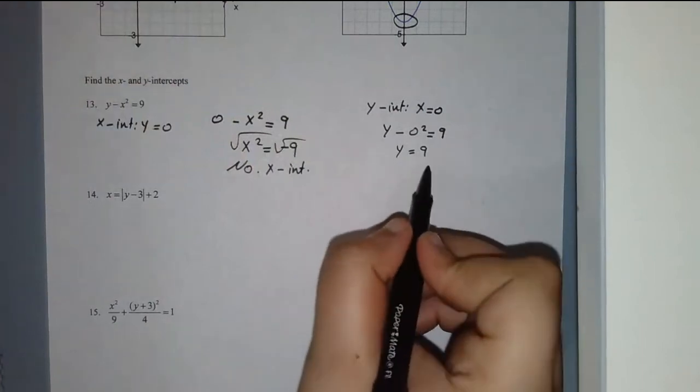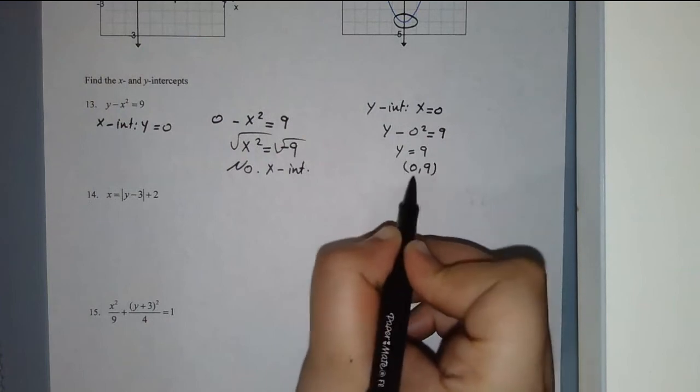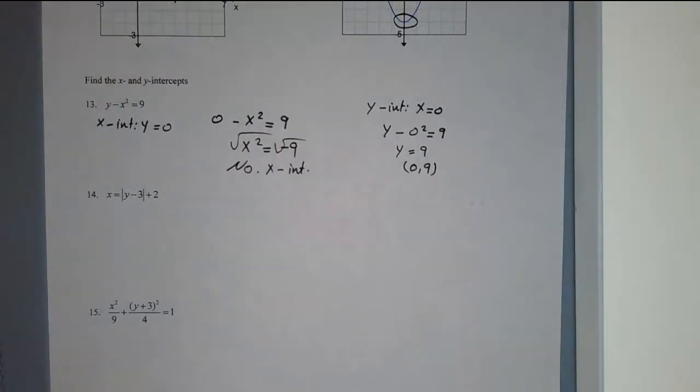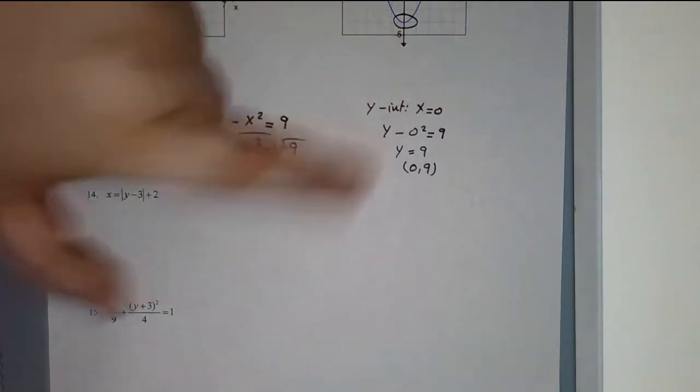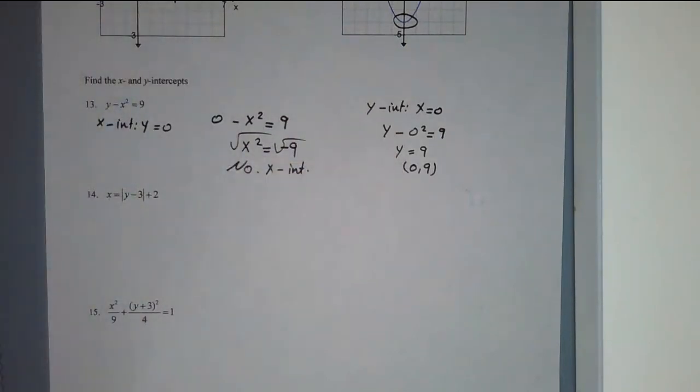What is the answer I'm looking for? It needs to be a pair. It's (0, 9). This is the y-intercept, right? If you find the y value for me, you just told me what the y value is. You didn't tell me what the intercept is. Even though it's obvious, because we know it's 0 for x, 9 for y, you still have to write it down. Everybody with me so far?